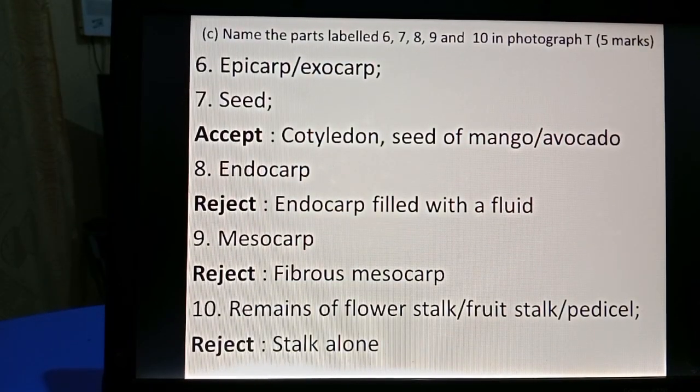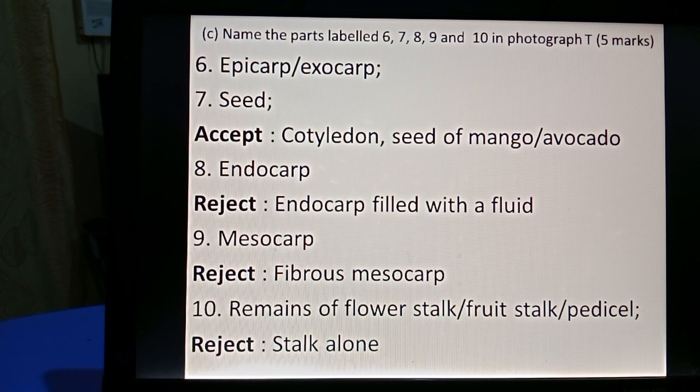Name the parts labeled 6, 7, 8, 9, and 10 in photograph T. 6, epicarp, or you can call it the exocarp. 7, seed, accept cotyledon, or seed of mango, or seed of avocado. 8, endocarp, reject endocarp filled with a fluid.